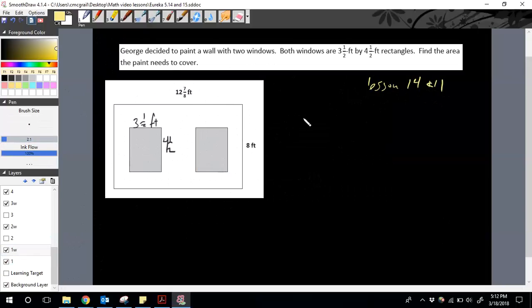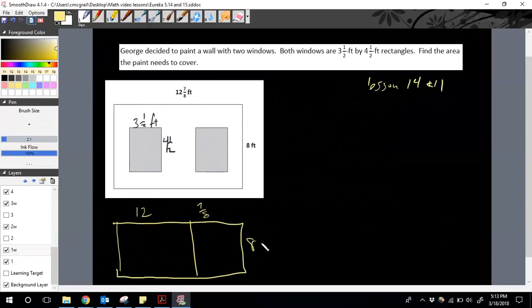So he's doing 12 7/8 times 8 feet. I'm going to redraw another area model here just so that I can show my thinking. Go ahead and do this with me. And he's doing 12 7/8. And this length here is 8 feet.